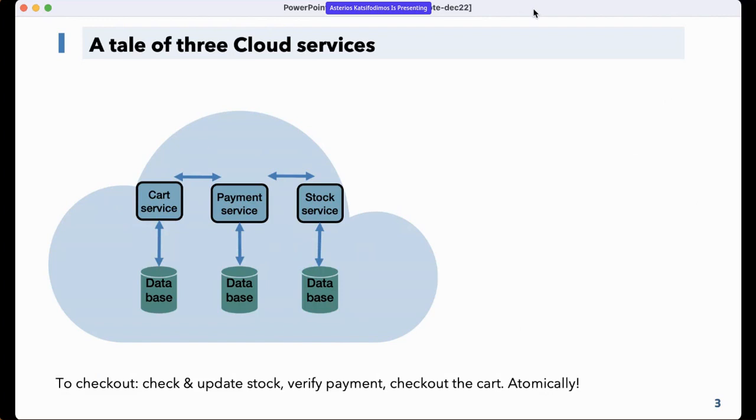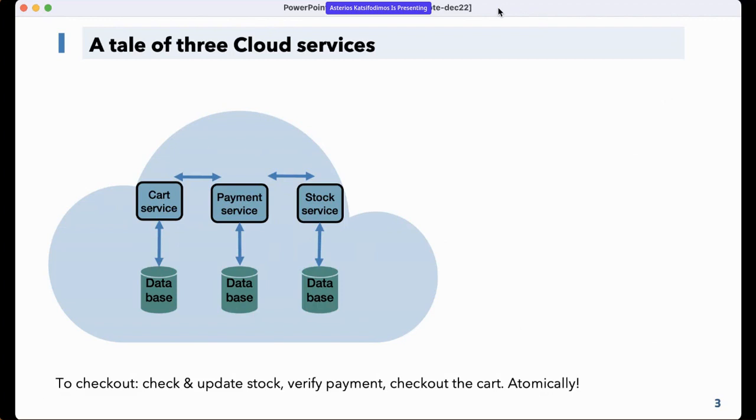Good. Now, the goal here is to design a system that at cart checkout will have to update the stock, right? It will have to basically decrement all of the stocks that you just bought from your shopping cart. It has to verify the payment and make the payment. And what's very crucial here is that the stock should not be updated unless there's a payment done.